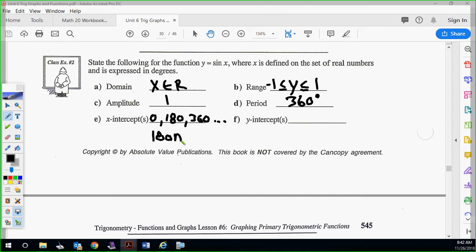And that's the n ∈ I thing. n is your integers. Okay. And the y-intercept. Good. 0. Sine starts at 0. Okay. Good. All right. Last little piece here.